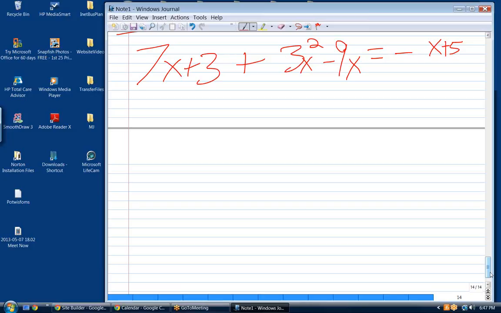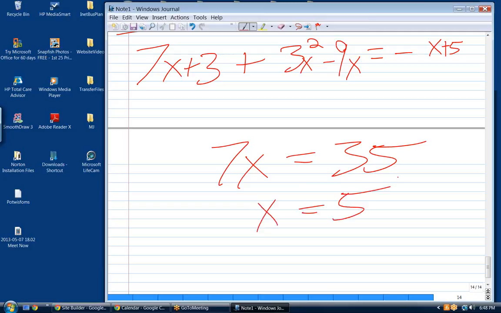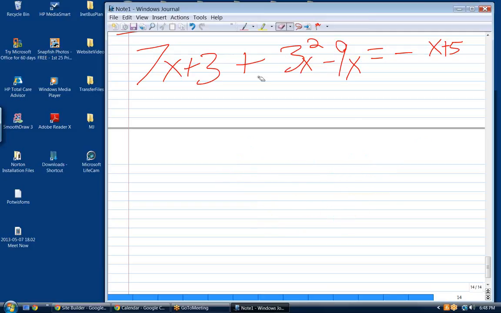So we solve quadratic equations much differently than we solve linear equations. If I have something like this, I can solve it. I got the variables on the left, the numbers on the right, divide both sides by 7, I get that. Quadratics, we can't solve that way. Quadratics, we have to put everything on the left and factor and put 0 on the right.